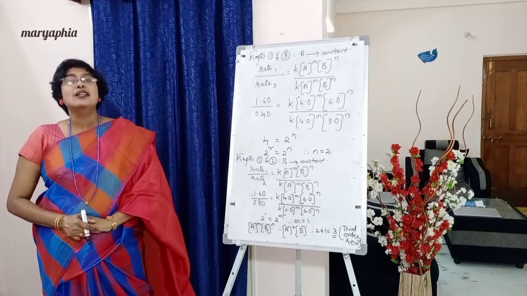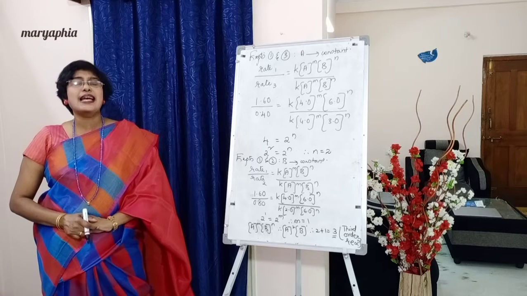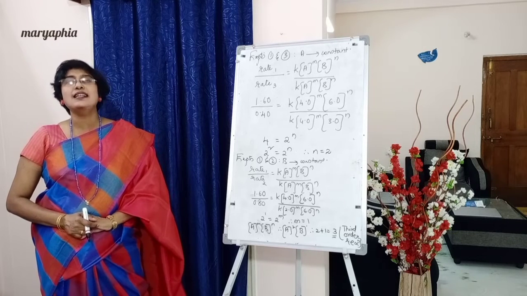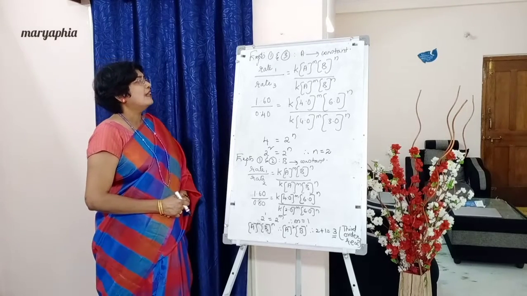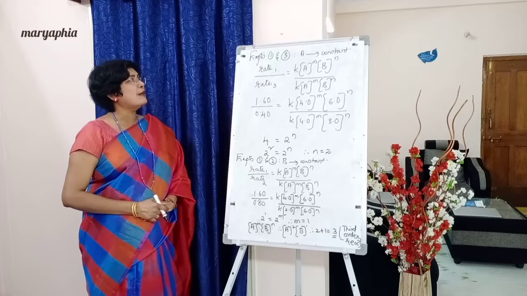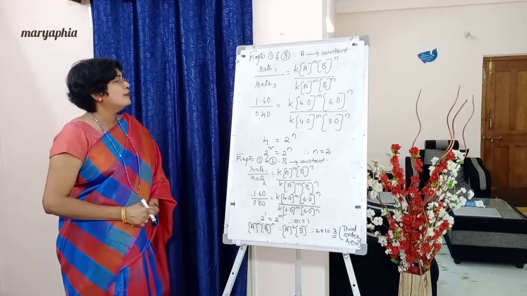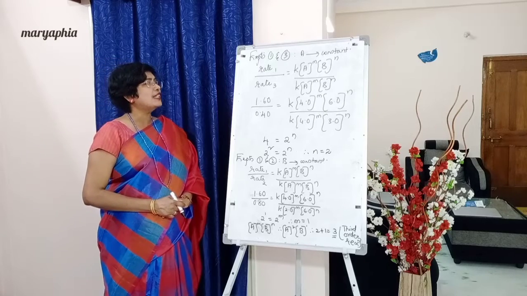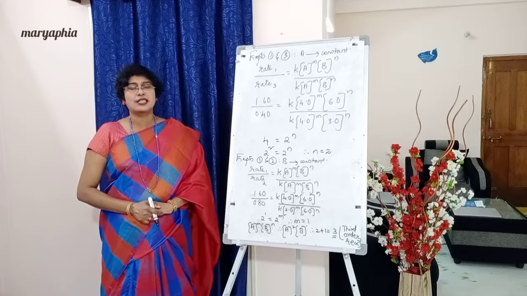Now in this formula we will substitute the values, looking at experiments 1 and 3. If you look at the table, the rate of experiment 1 is given as 1.60 and the rate in the third experiment is given as 0.40.